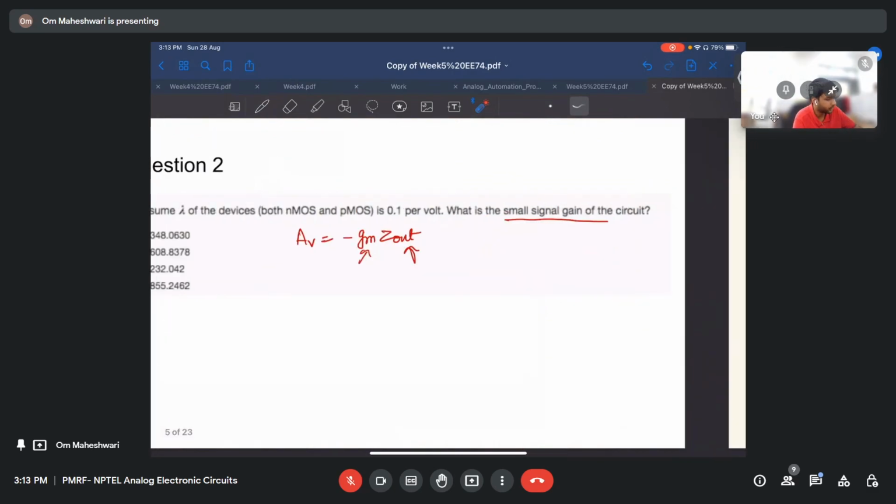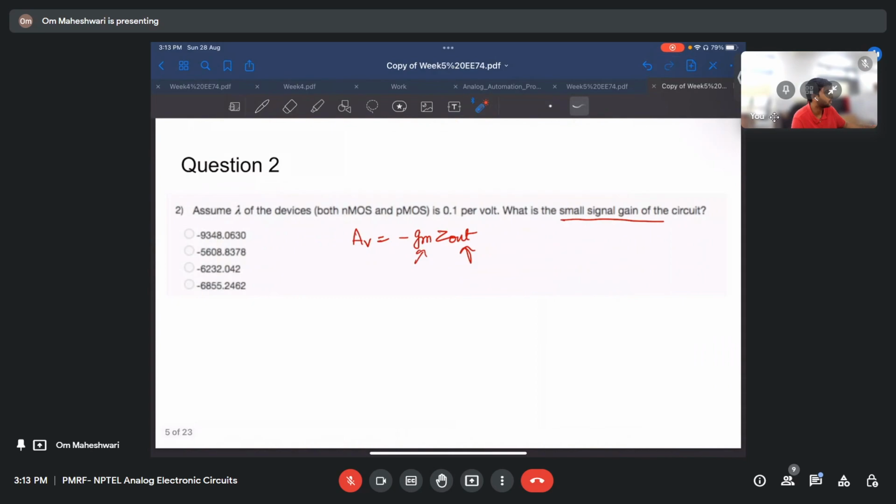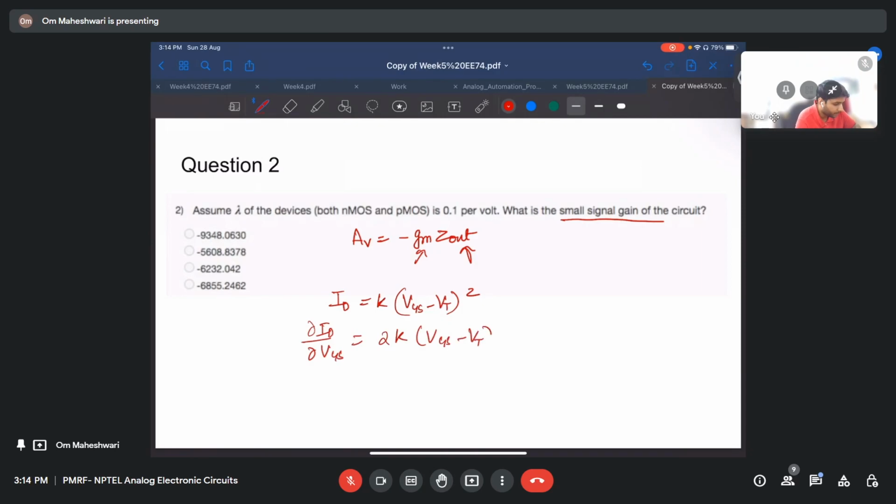Okay, so let us first find, let's say, Z out. So before this, let me write the formulas for GM. ID is equal to K VGS minus VT whole square. So del ID by del VGS equals 2K VGS minus VT.